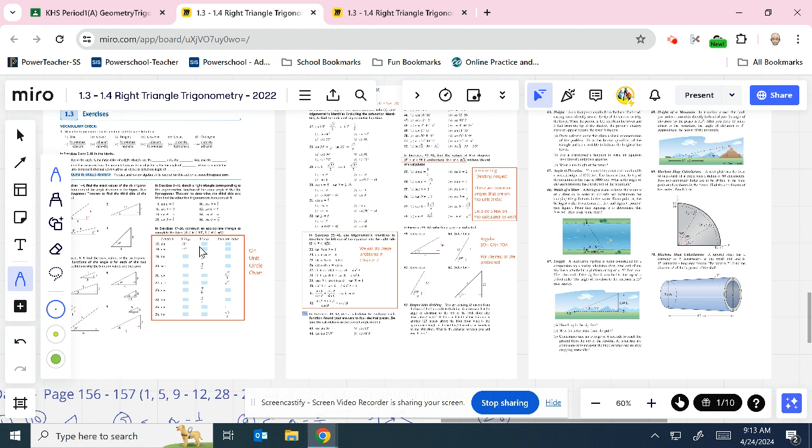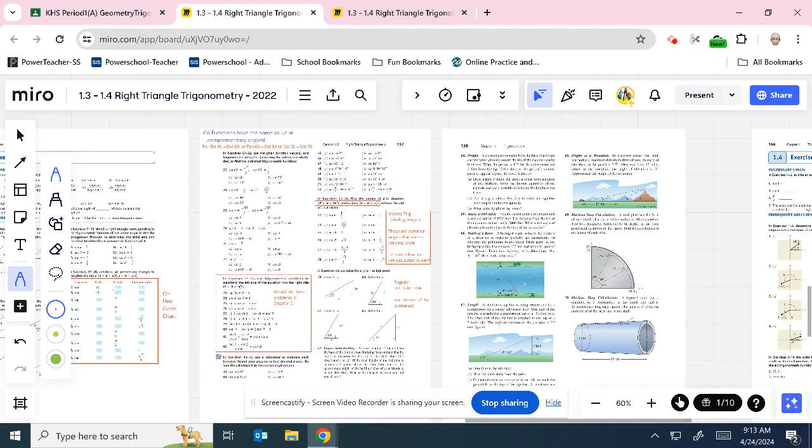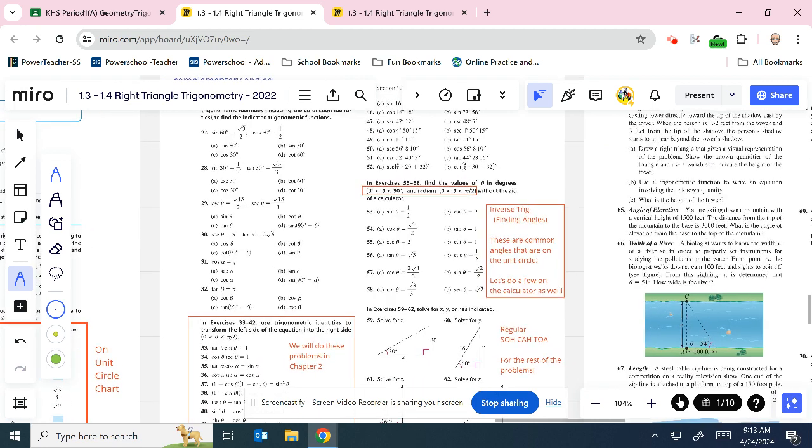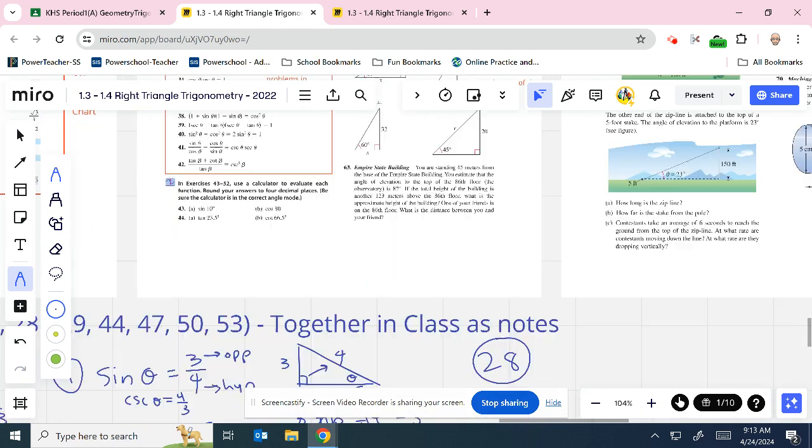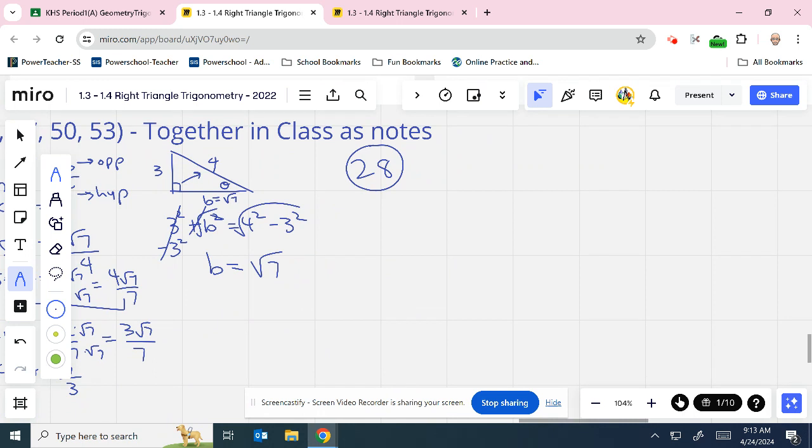And this 33 to 42 box we're going to work on in chapter 2. It's identities. We're going to work on those later. But 28 and 29 are good ones. It says sine of 30 is 1/2. Okay, so let's write the problem first. Sine of 30 equals 1/2, which it does. If you look at 30 degrees and you look at sine, it's 1/2.